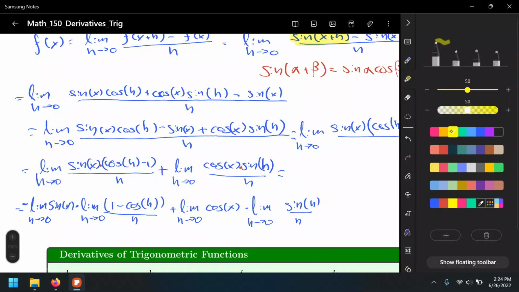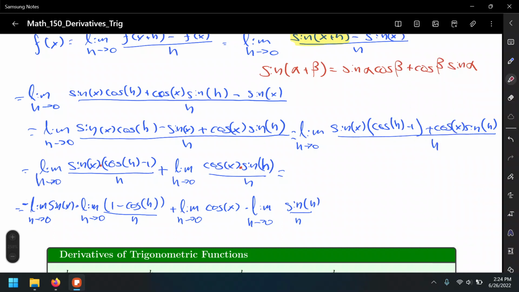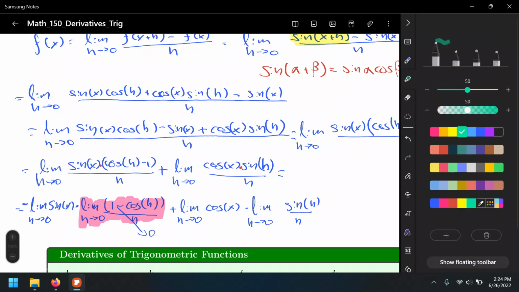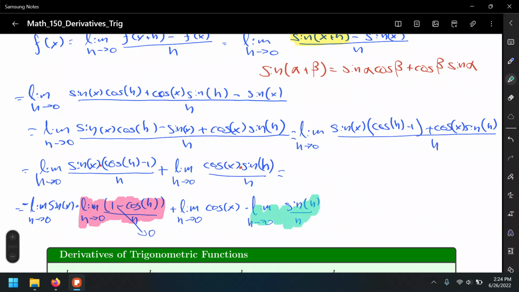From previous sections, this special limit right here, the one I'm highlighting in this pink color, well, that limit is 0. And this limit right here is also a special limit. Well, that limit equals 1.